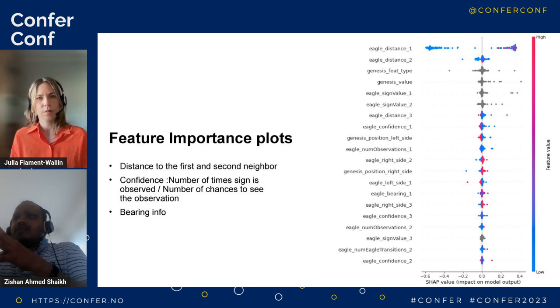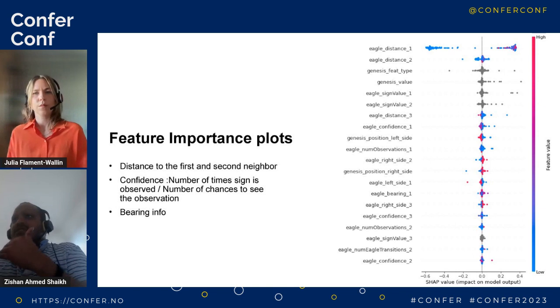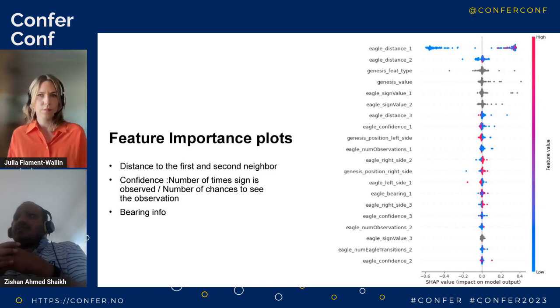As you would have thought, eagle distance 1 and eagle distance 2, the distances to the nearest neighbors, are pretty important, and they make up the majority of the features going into the decision by the model.